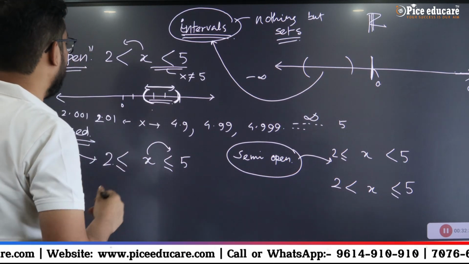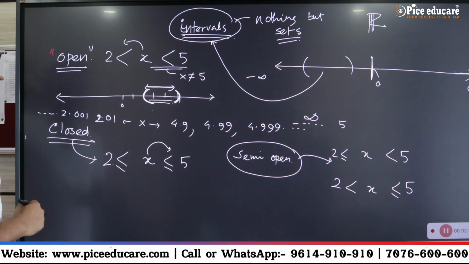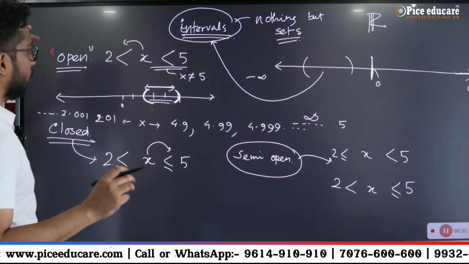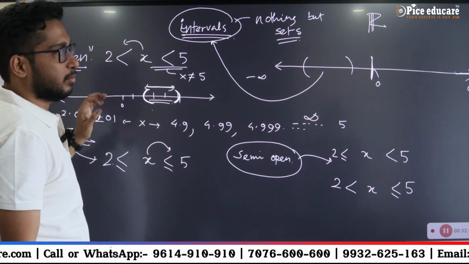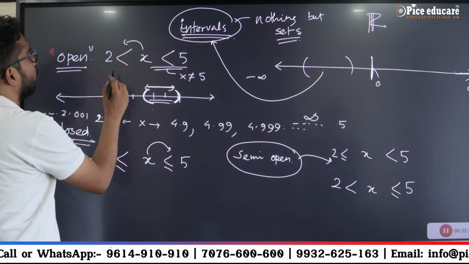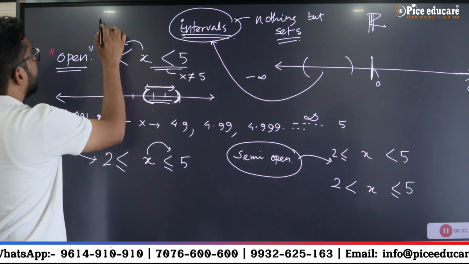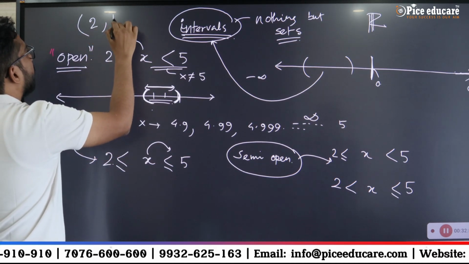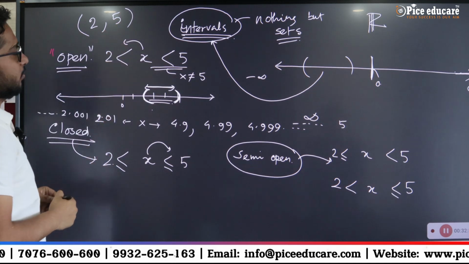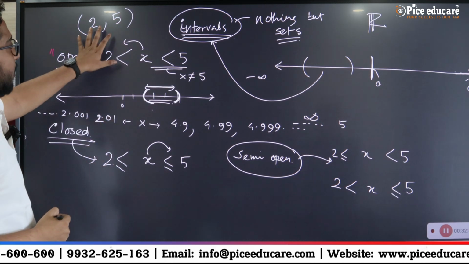By the way, there are certain symbolic aspects to this. For example, you are used to this notation, but there is another representation. I can write 2 comma 5 and put round brackets over it. This means the same thing.